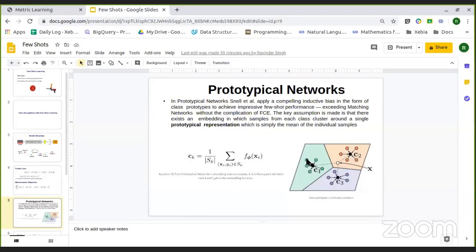Once we have the centroid for each class, if a new image comes, it will be assigned based on the distance calculations. After that, in order to calculate the probability of that image belonging to any class, we take the negative of that distance and apply the softmax.